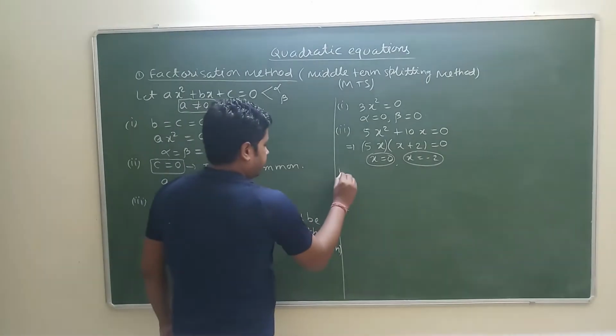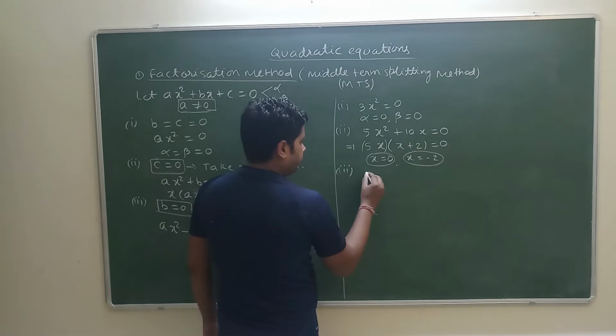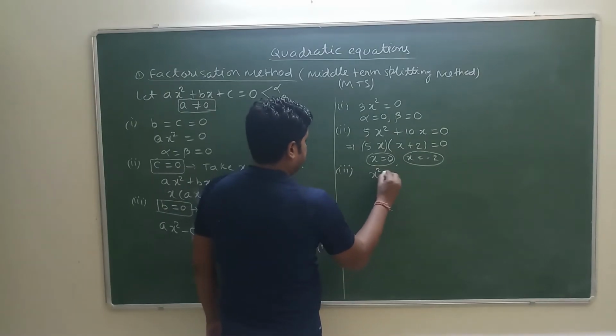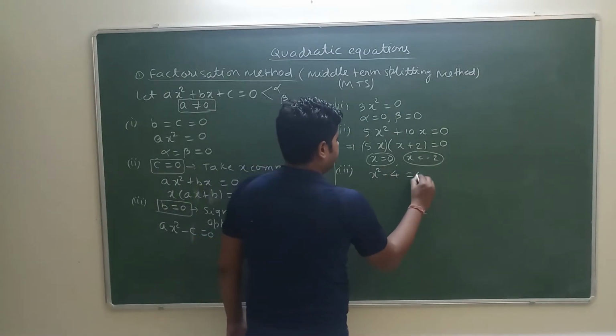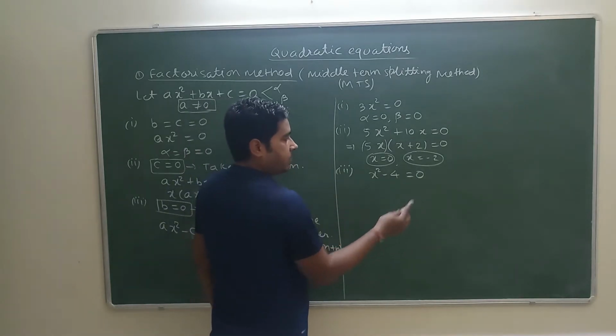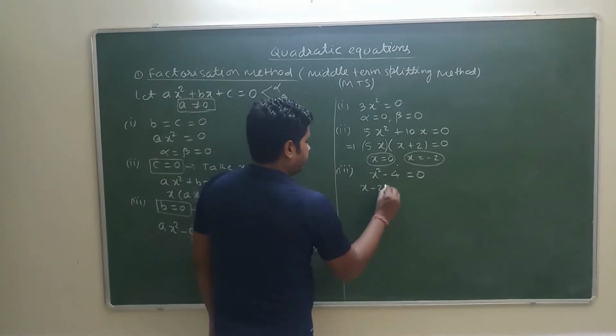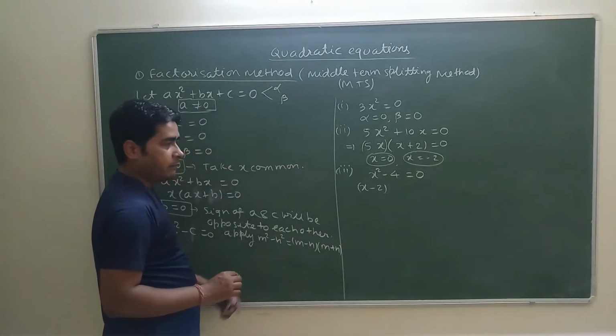So for the third situation, suppose the given equation is x square minus 4 is equal to 0. You can see a is 1 and c is minus 4. a and c have opposite signs. We need to apply the identity m square minus n square.